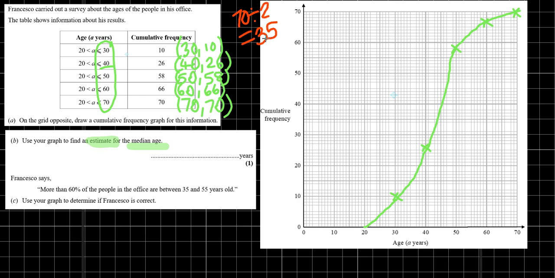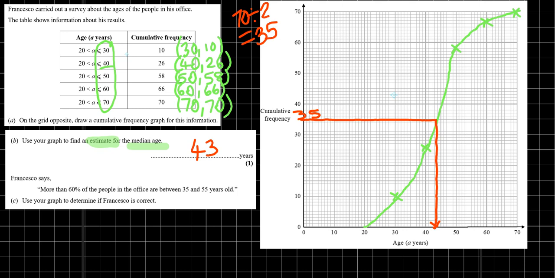Ideally, you should add 1 to 70 and then half it. But for cumulative frequency, we don't have to be that perfect. So we draw a line at 35, and then we read down what it says. So just roughly, my graph is not as accurate because it's a bit blurry. I would say about 43 is the median age.